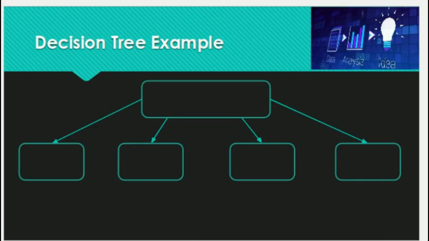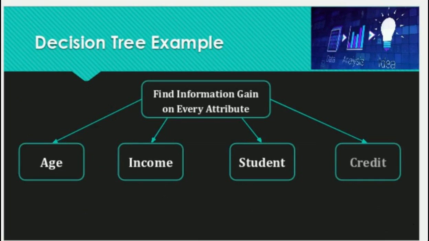Now it is time to calculate the information gain for each attribute. You know that information gain is the amount of information gained by knowing the value of the attribute, which is the entropy of the distribution before the split minus the entropy of the distribution after it. Just now we saw that the largest information gain is equivalent to the smallest entropy.